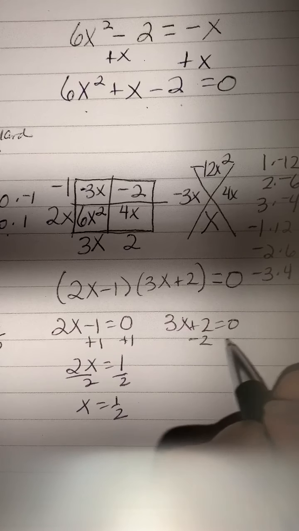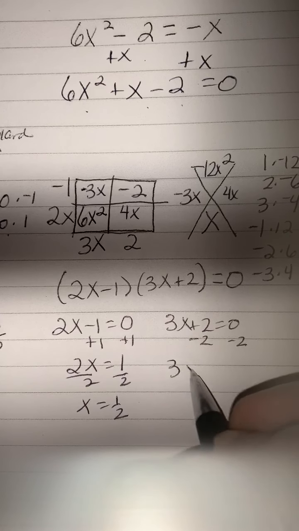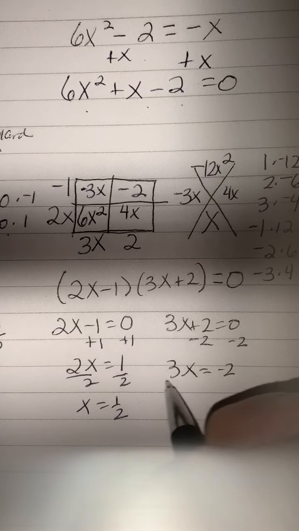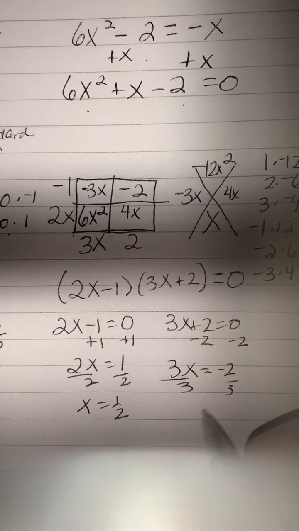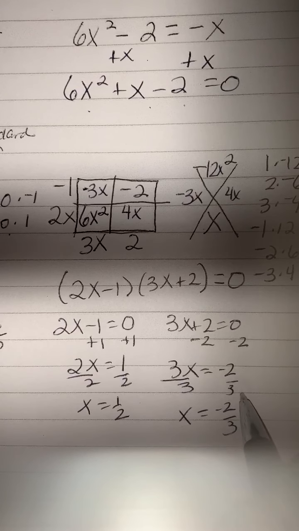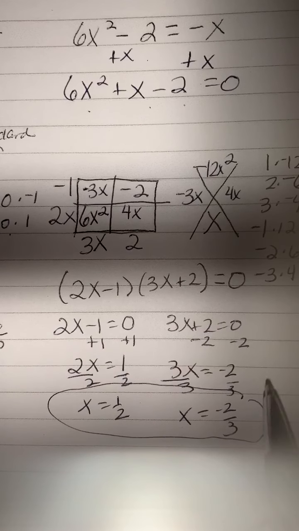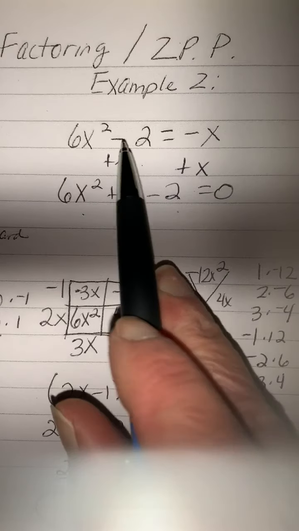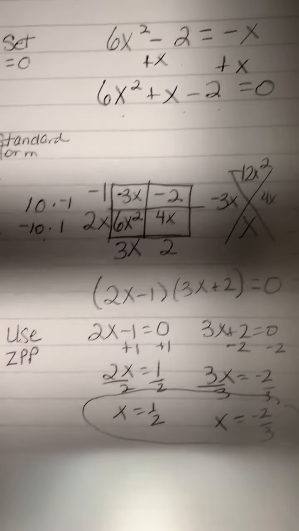This one we subtract 2 from both sides, and 3x will equal negative 2. And then divide by 3, and x equals negative 2/3. So we have found 2 x solutions that will work in our original problem up here and make a true statement.